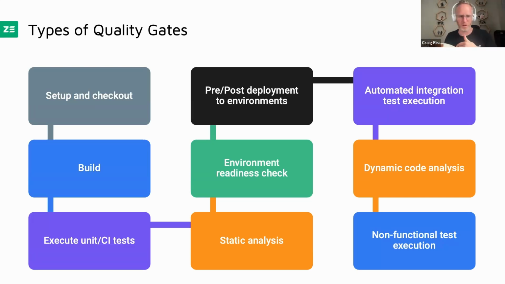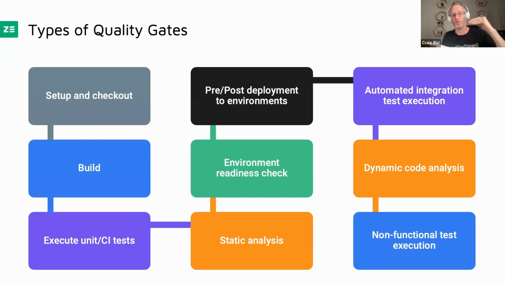Were there any issues that were picked up while it was building on its container? How do you verify that everything's working okay? Then you're executing your unit or your CI tests. So you have unit tests running, or you might have additional tests running in your CI pipeline that you then want to check. Has it run? Have they passed successfully? Running a static analysis scan on your code to see if any issues are picked up, and then being able to do an environment readiness check to say, okay, I've passed this whole cycle.